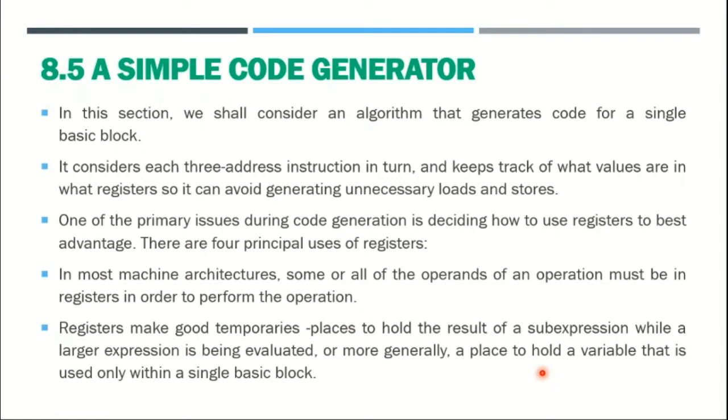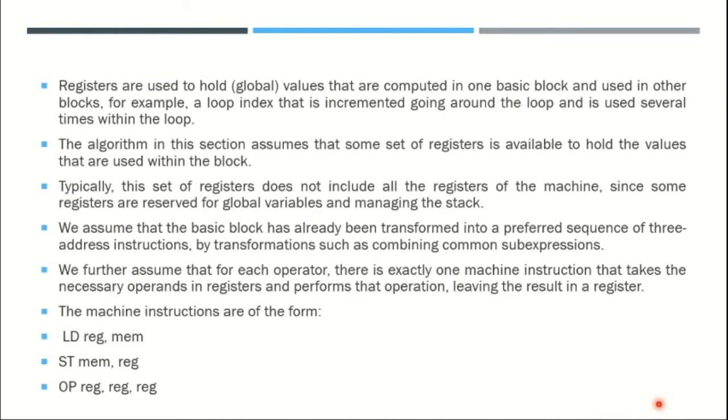So when evaluating a large expression that allows sub expressions, we can store all values belonging to the single basic block at a time. After completion of that, we can choose the same registers for storing the values of another basic block.